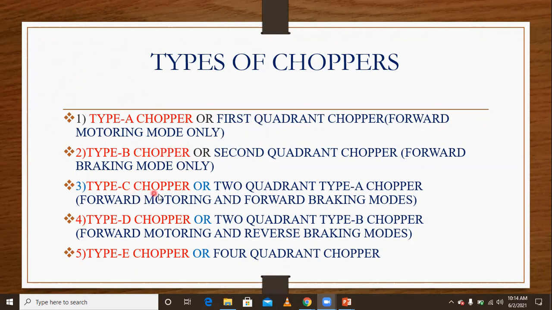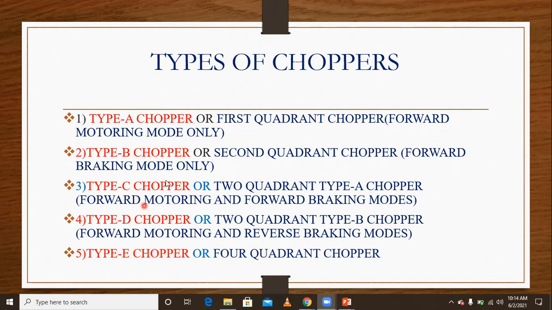Type C is a two quadrant type A chopper, forward motoring and forward braking, the first and second quadrants. Type D, the two quadrant type B chopper, operates in forward motoring and reverse braking, first and fourth quadrants. Type E is four quadrant operation: forward motoring, forward braking, reverse motoring, and reverse braking.